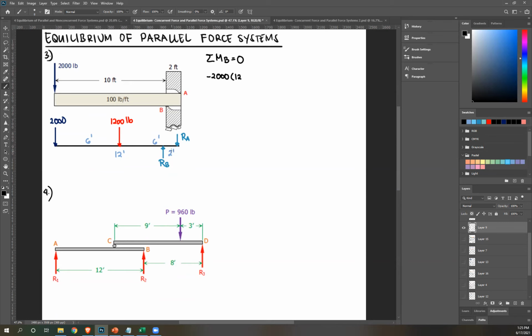Next, from B, so that's 10. Next, 1200 counterclockwise. Perpendicular distance, if this is 6 and this is 2, therefore this is just 4. RB passes through B, so ignoring that. Next, RA, that's clockwise, so positive RA times 2 equals 0. Solving for RA, you get 12,400.